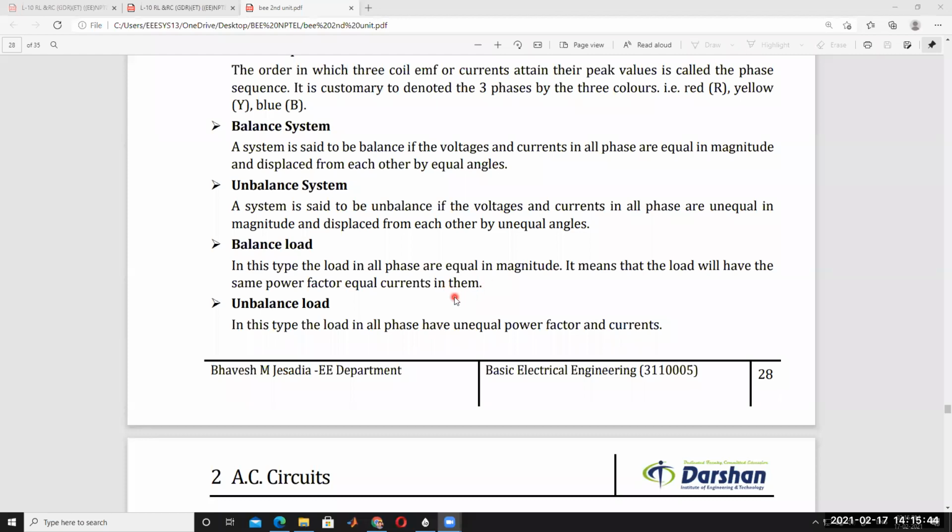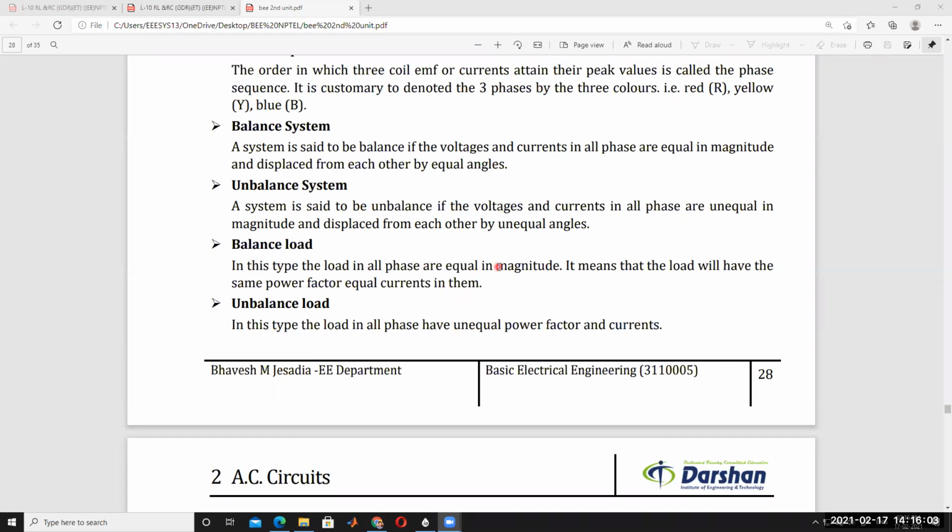That means the currents IR, IY and IB are all the same, and IR plus IY plus IB plus IN is equal to 0. The sum of all currents is equal to 0. Then only it is said to be a balanced load.